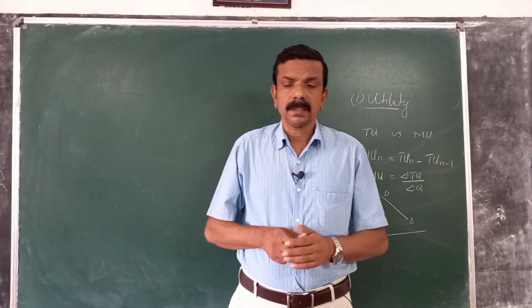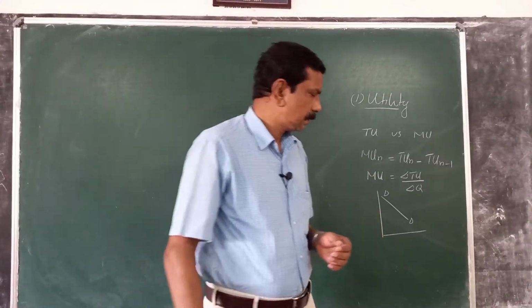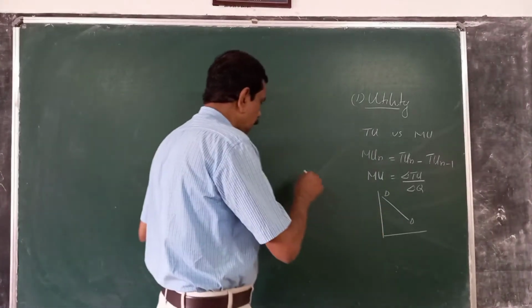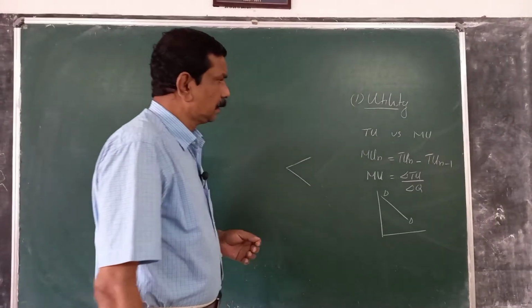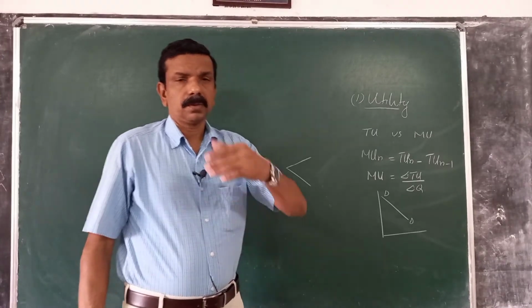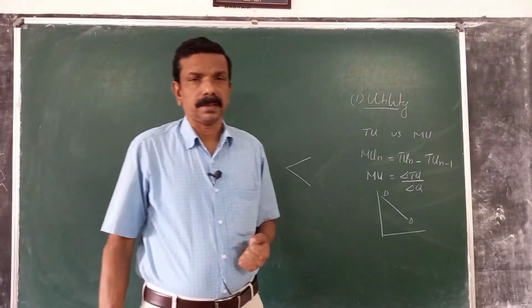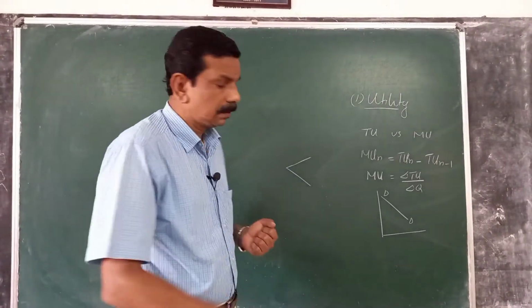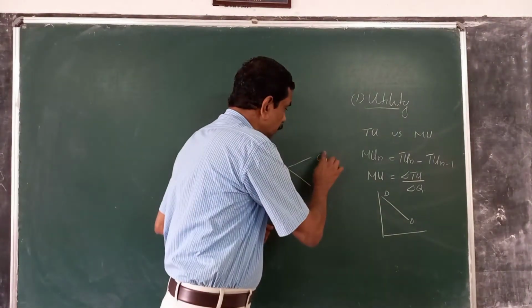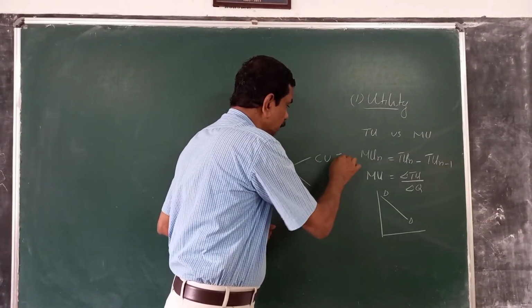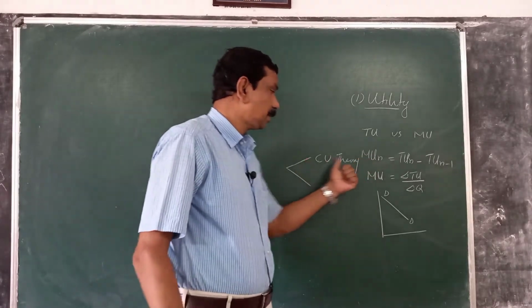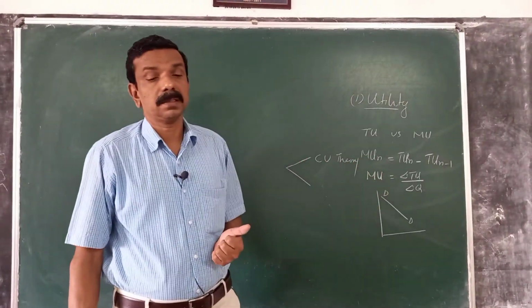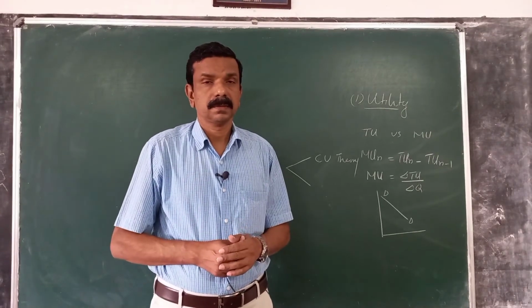Now there are two approaches to the demand theory, depending on how you define utility. If you define utility as cardinal utility, then we have the cardinal utility theory, also known as the neoclassical theory, Marshallian utility analysis.